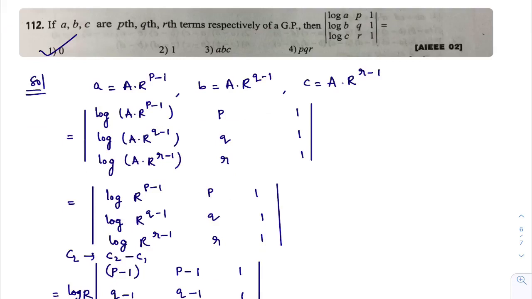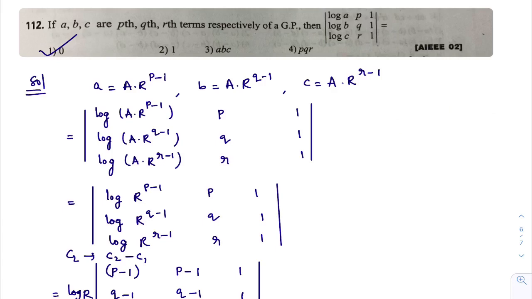Now you observe question number 12. A, B, C are the pth, qth and rth terms of a geometric progression respectively. Then what is the value of this determinant? That is what they are asking. We know the nth term of a geometric progression is a into r power n minus 1.